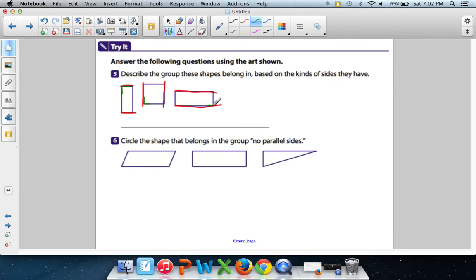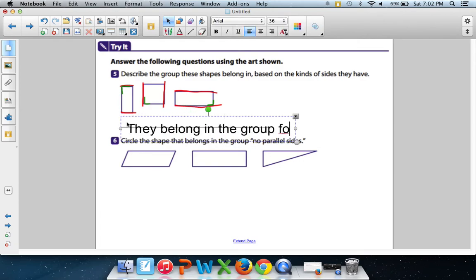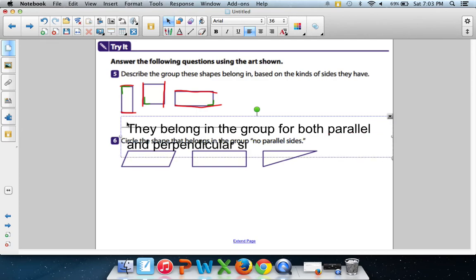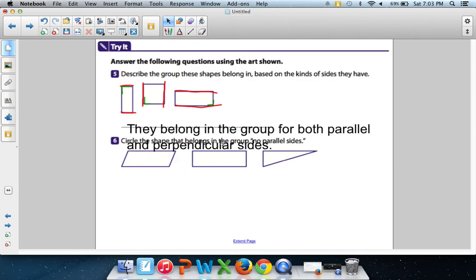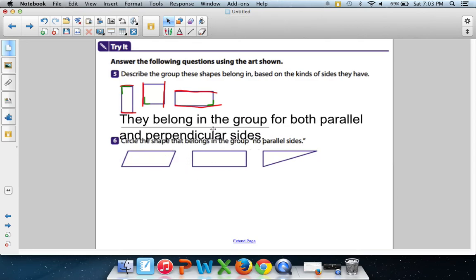So all three of those rectangles, what group do they belong in? They belong in the group for both parallel and perpendicular sides. There you go.